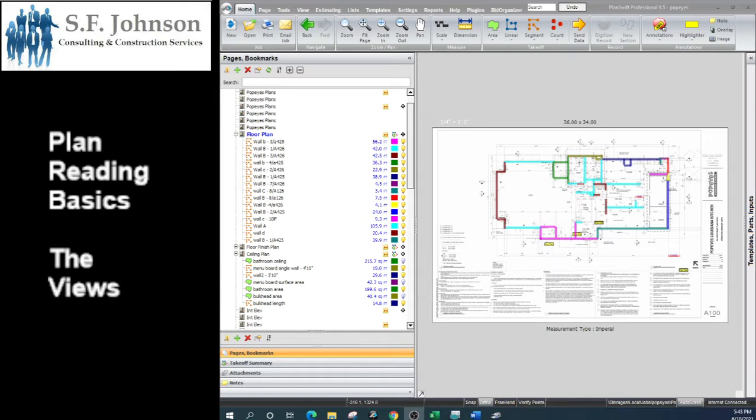What we mean by the views is that each of the sheets gives you a different perspective of the project, and each of the views gets more and more complicated, or gives you more detail.